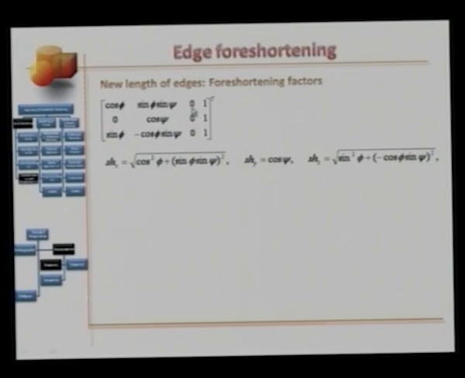We know that from coordinate geometry. And since the original length of this edge was 1, the foreshortening factor sh sub x will be the new length over the original length, which is the new length.